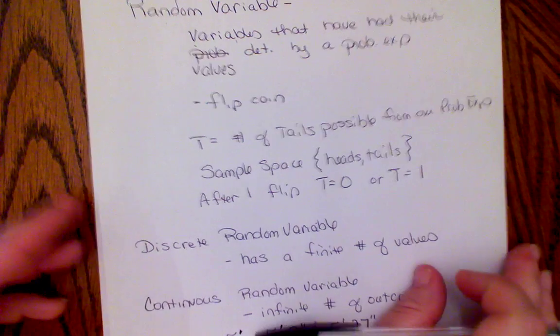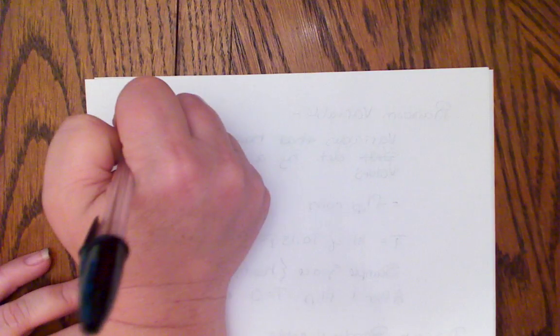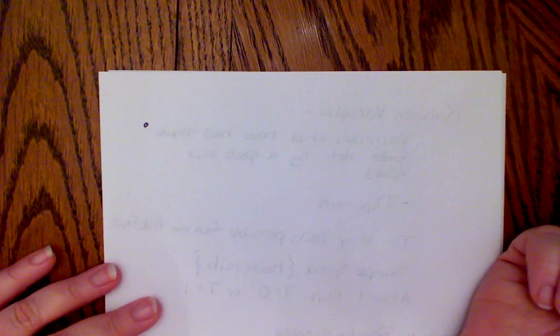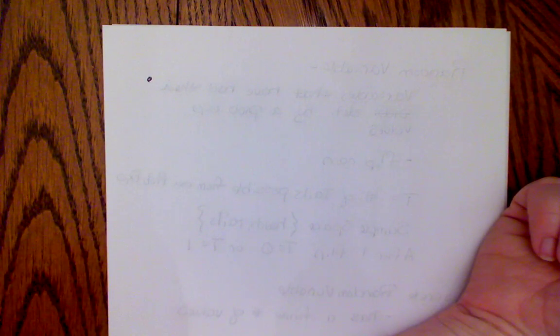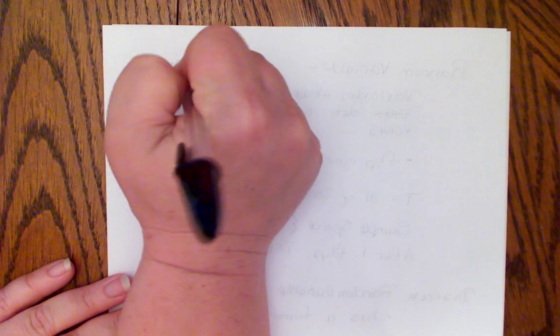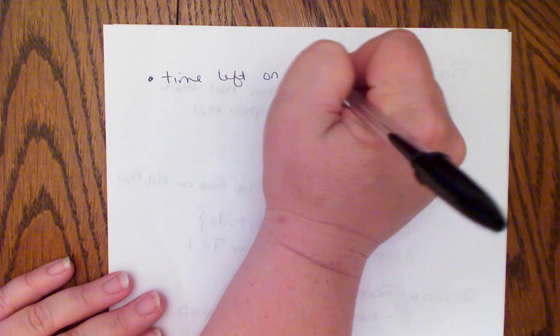Let's try this out: discrete or continuous. Depending on how you look at this, you may see it one way and somebody may see it a different way, but sometimes it's very obvious. Like time left on a parking meter.